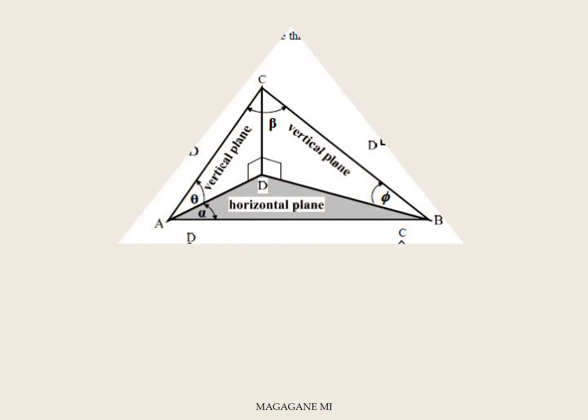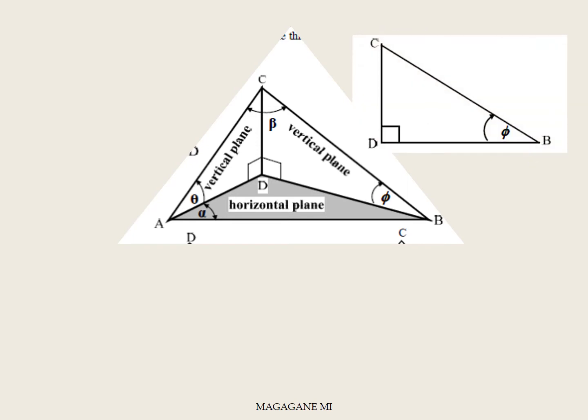Let's look at this diagram which illustrates 3 different planes: vertical plane, horizontal plane, and inclined. If you look at side CD, which is perpendicular to the horizontal plane, we have 4 triangles out of this diagram.